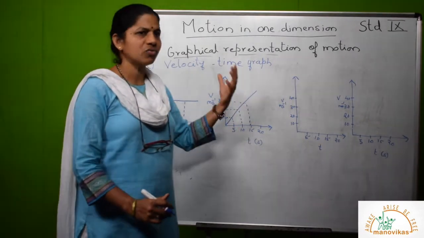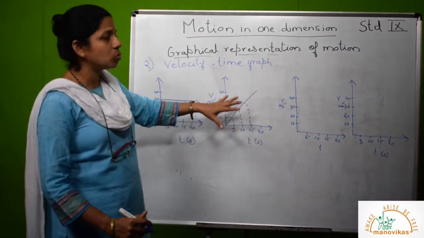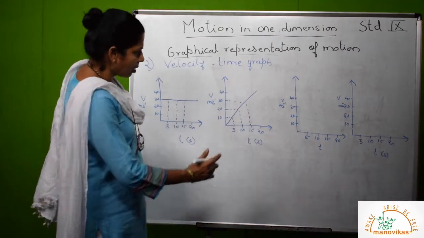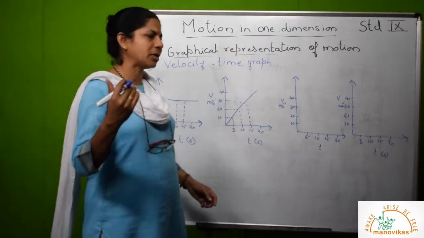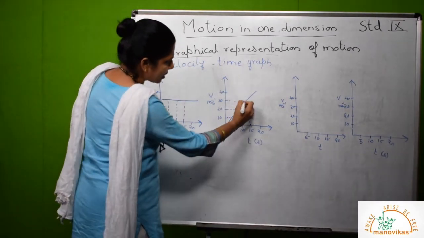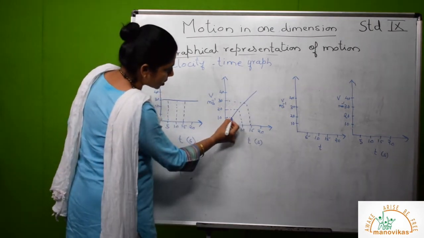Now in order to find the acceleration in such a case, you need to find the slope of this line. Using the same method, slope is given by y2 minus y1 upon x2 minus x1. Suppose I take two coordinates, one coordinate here and another coordinate over here.